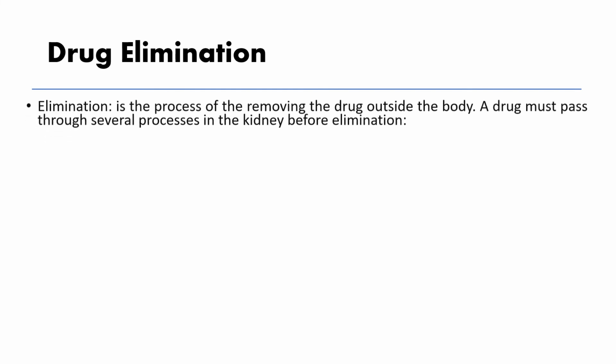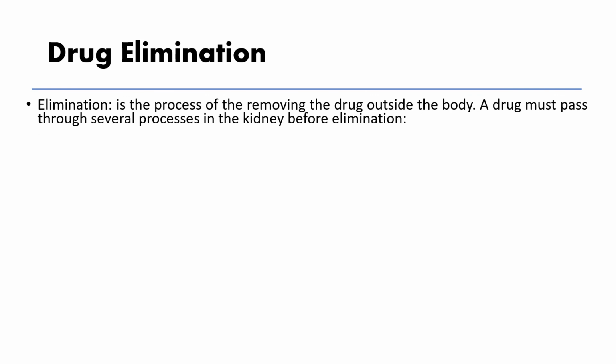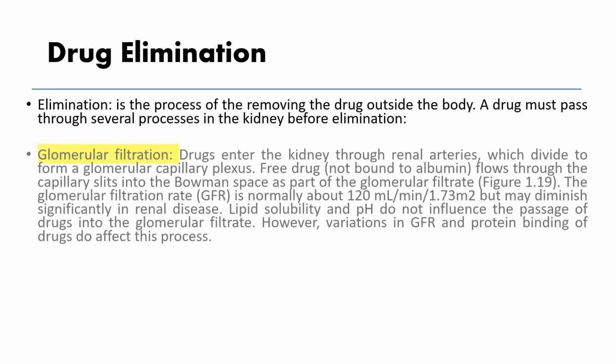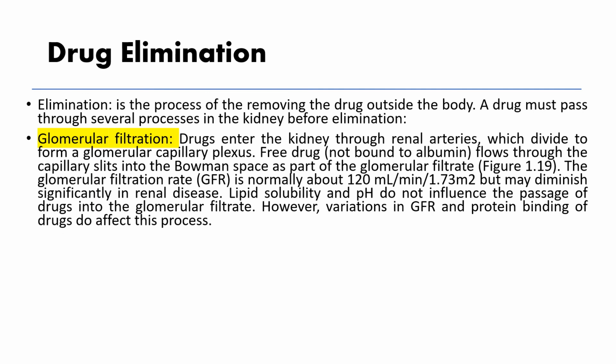The last step in the body's handling of a drug is drug elimination. Elimination is the process of removing the drug from the body. A drug must pass through several processes in the kidney before it is eliminated. Number 1, glomerular filtration. Drug enters the kidney through renal arteries, which divide to form a glomerular capillary plexus.